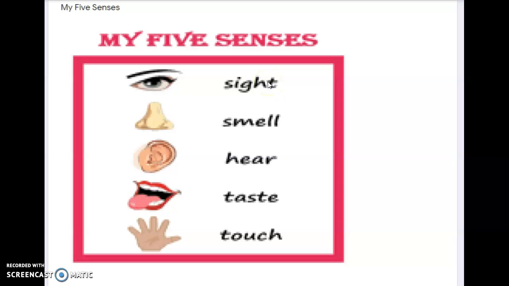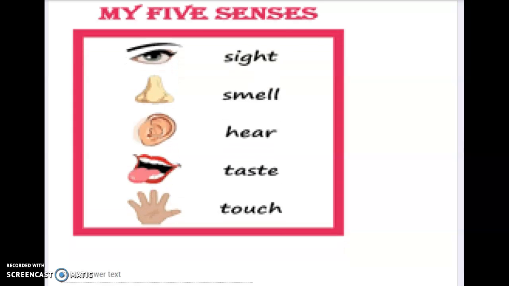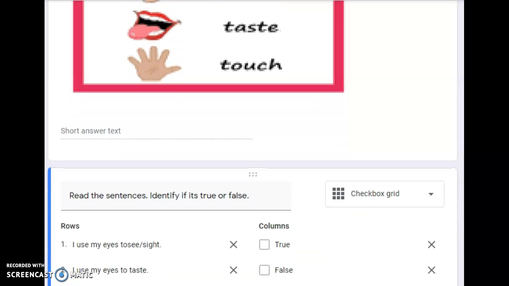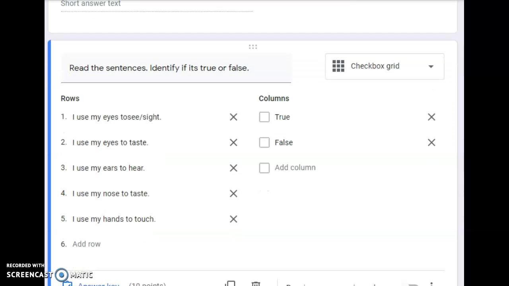On your test, just remember: eyes for sight or see, nose for smell, ears for hear, tongue for taste, hands for touch. Today, you are going to read some sentences and answer whether the sentence is true, correct, or wrong, false.